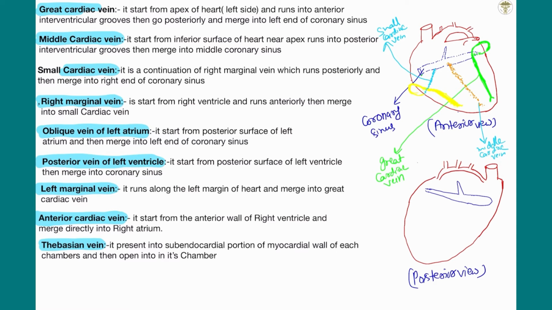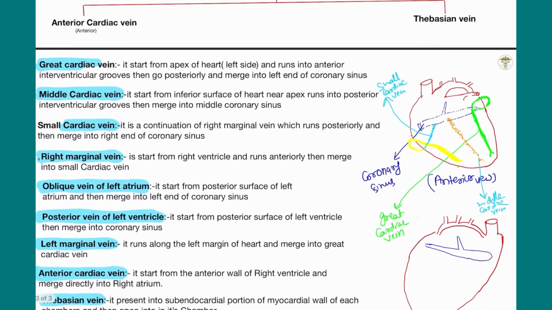Now I will try to discuss the remaining veins. This is the right atrium, and one vein called the anterior cardiac vein opens directly into the right atrium.